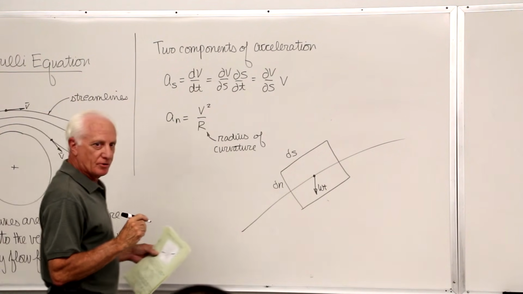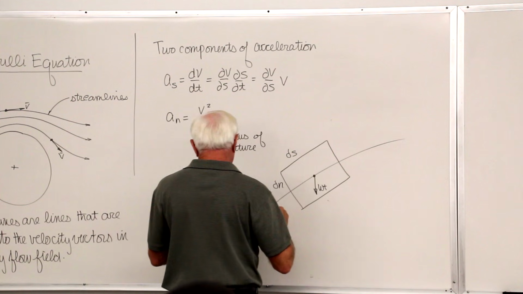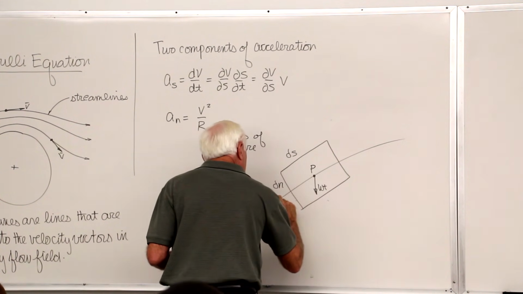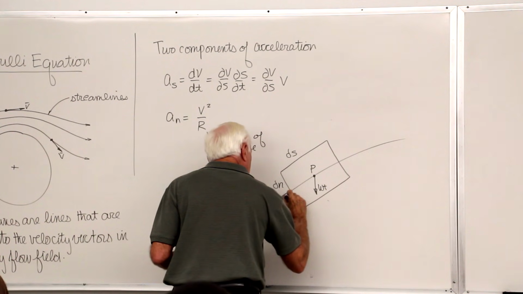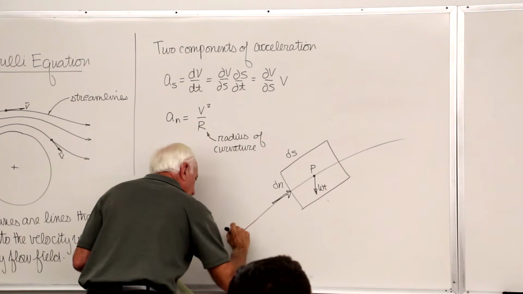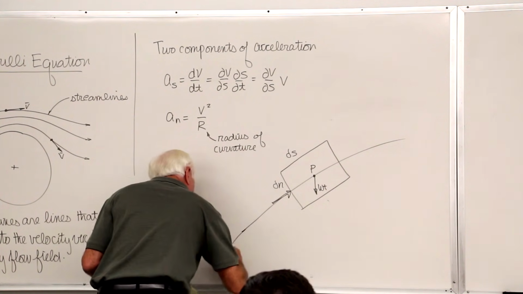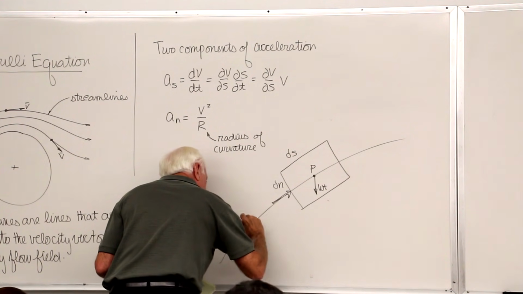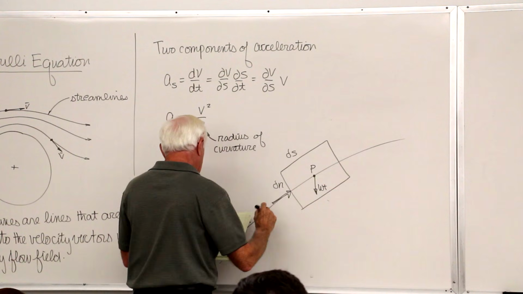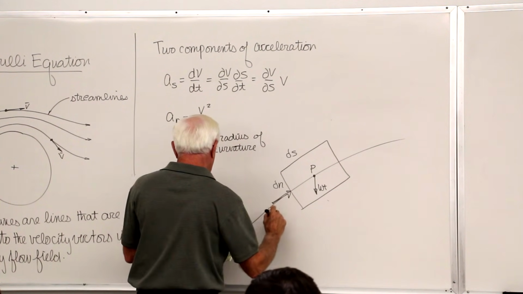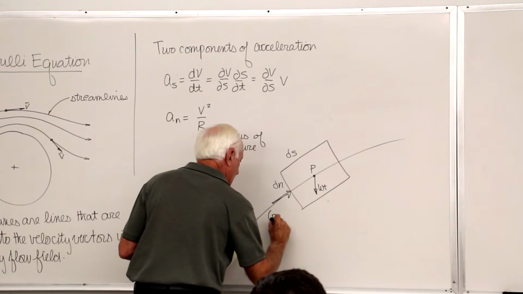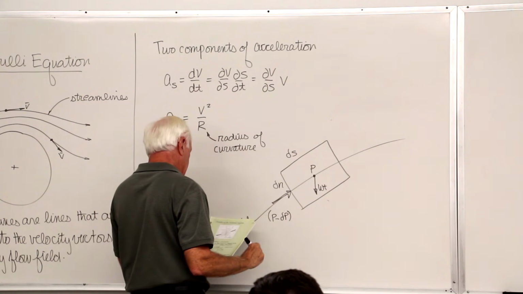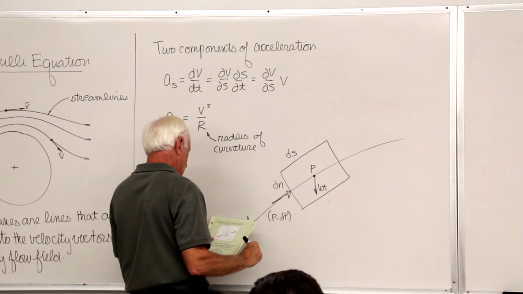And there's a pressure force on the left. So the pressure in the middle is P, the pressure on the left is P minus dP, multiplied by the area, dN dy.